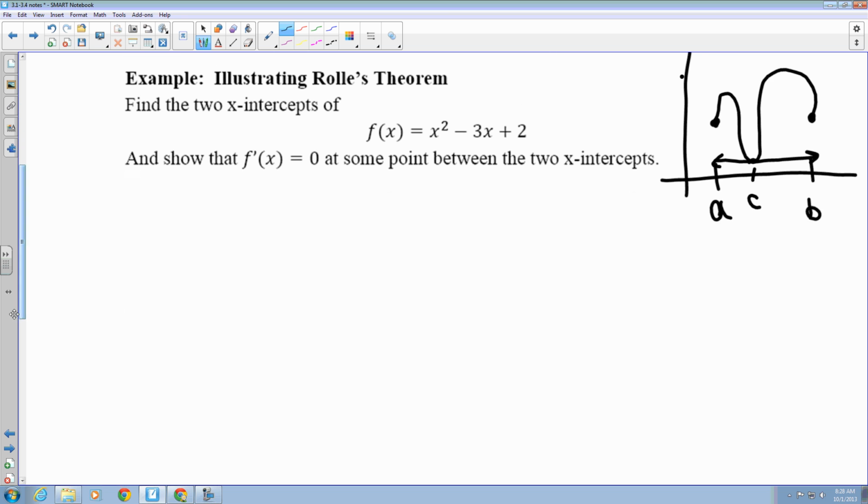Find two x-intercepts of f of x and show that f prime is equal to 0 somewhere between these two x-intercepts. So if there's two x-intercepts, then f of a has to be equal to f of b at those two points. So we have to find them, set it equal to 0. You can factor it.